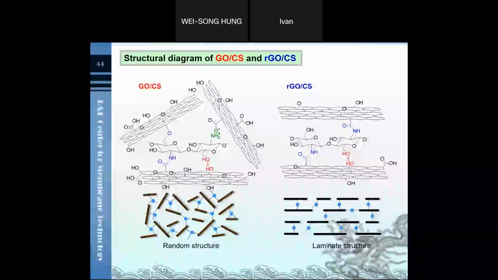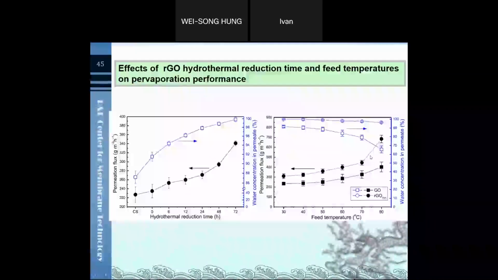This is how we can prepare a uniform, highly laminated structure of the reduced graphene oxide membranes. Based on the good dispersion, we can get a good reduced graphene oxide membrane for methanol separation.